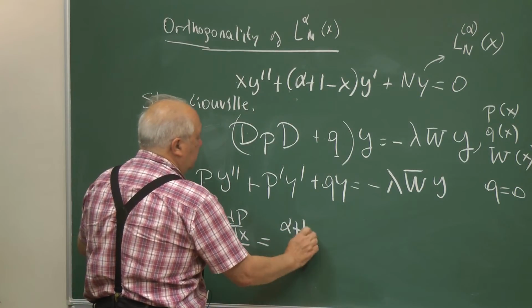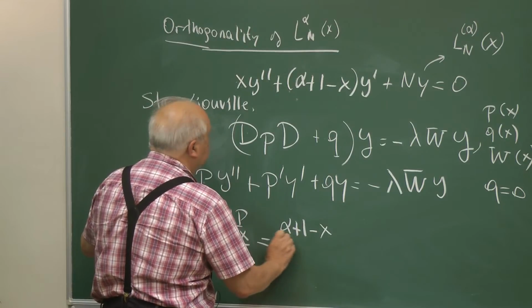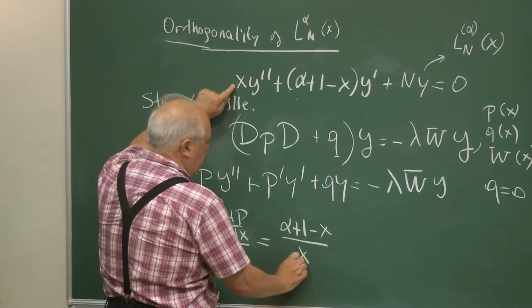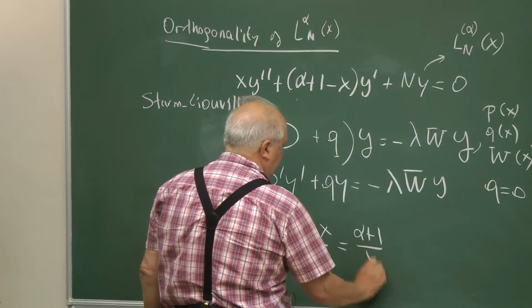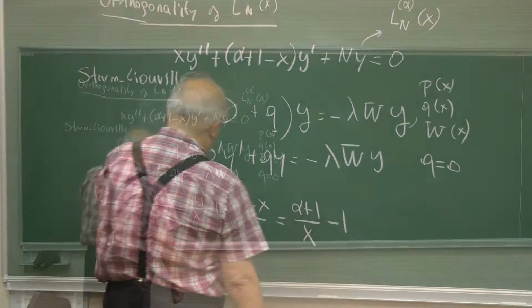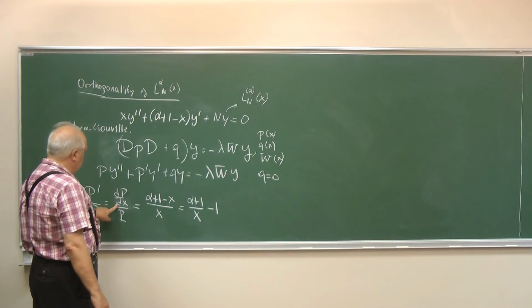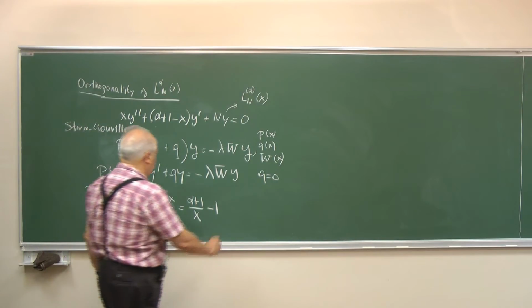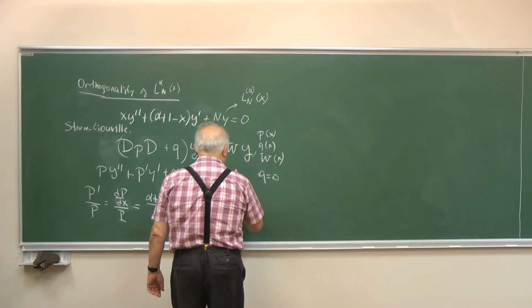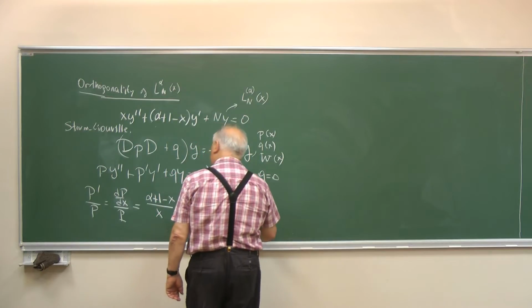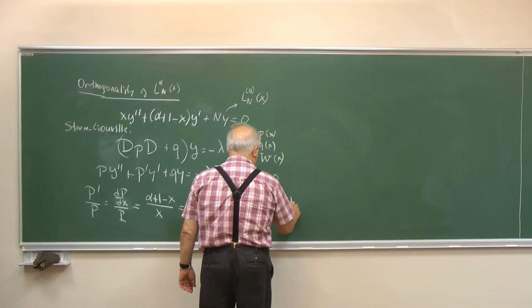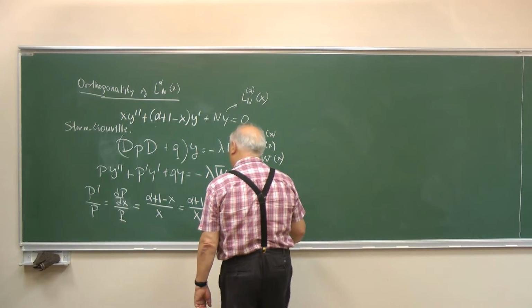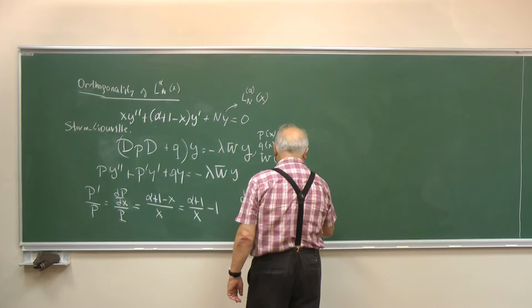that's equal to alpha plus 1 minus x divided by x. This is alpha plus 1 over x minus 1. So multiplying both sides by x, we obtain dp over p, that's equal to alpha plus 1 over x dx minus 1 over x.